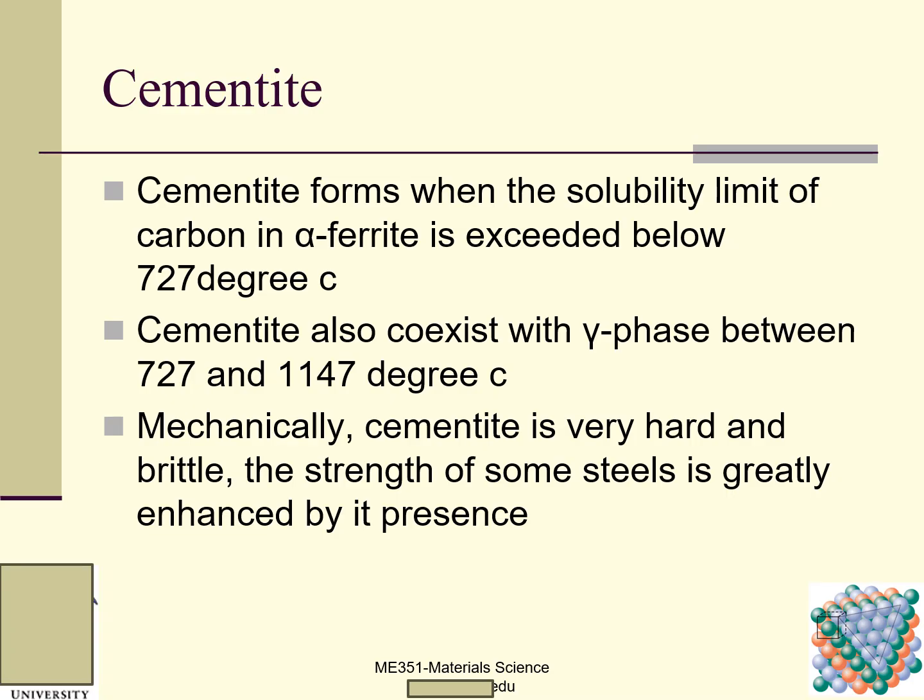Cementite forms when the solubility limit of carbon in alpha ferrite is exceeded at below 723 degrees C. Cementite also coexists with the alpha phase between 723 and 1473 degrees C. Mechanically, cementite is very hard and brittle. The strength of some steel is greatly enhanced by its presence, so be very careful about cementite.